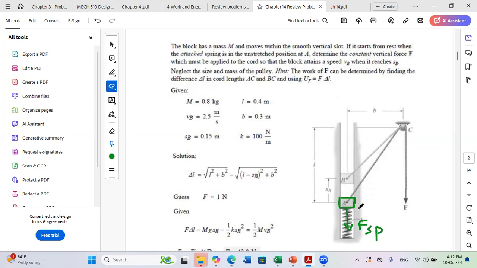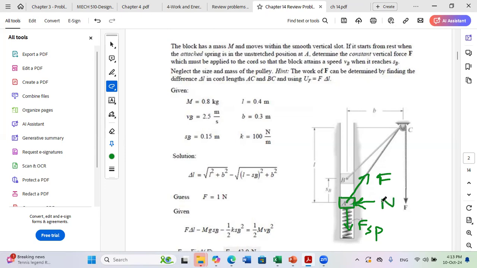We have the tension in the cable, which is equal in magnitude to F, okay? And we have, of course, the normal reaction. And since I said it's a smooth slot, no friction.